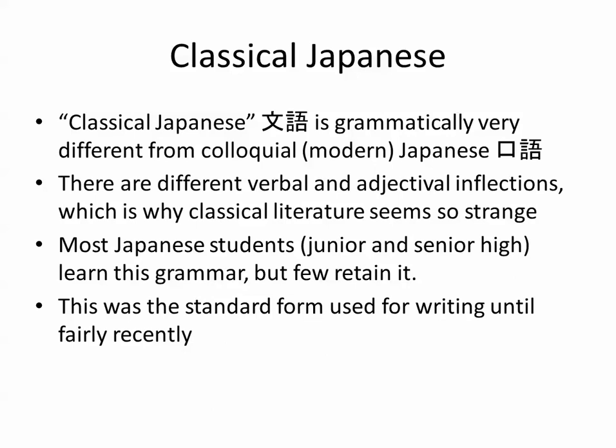Okay, so let me say a little bit more about classical and where that fits into the big picture. Classical Japanese was the way we think people spoke way back when, 1,000 years ago. And that was the standard form that was used for writing until fairly recently.